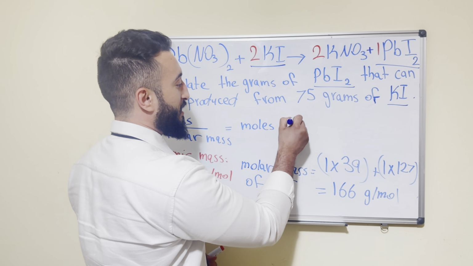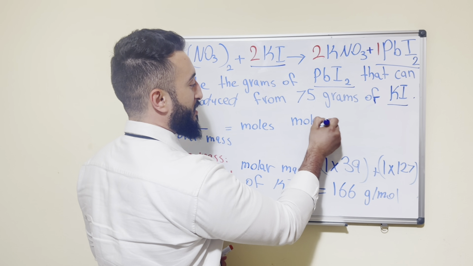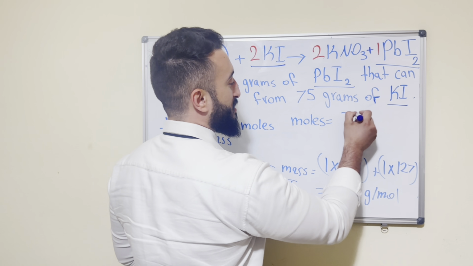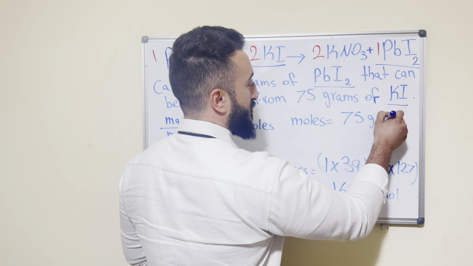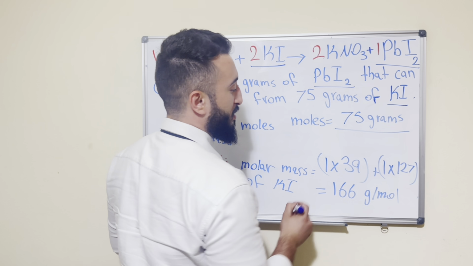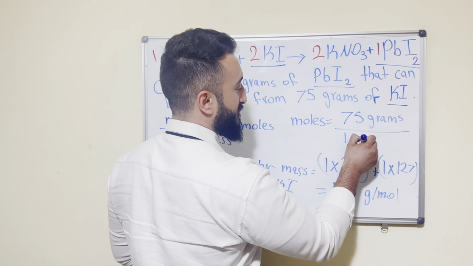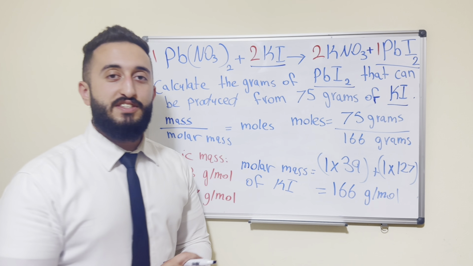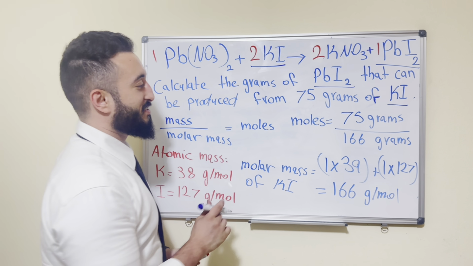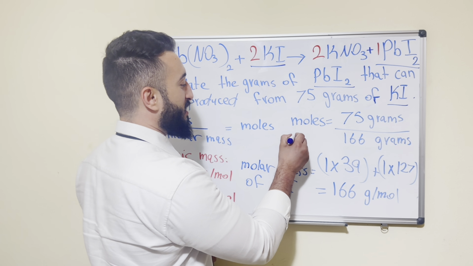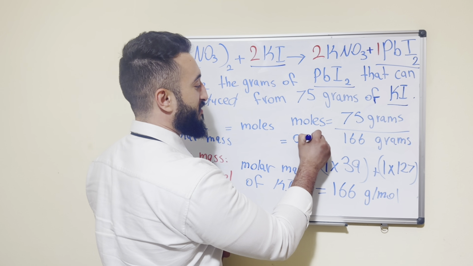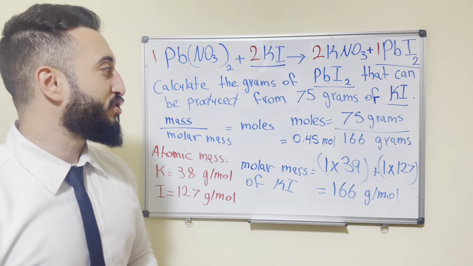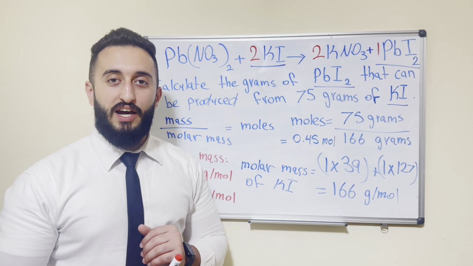Moles will equal, as we said, the mass, which is 75 grams, over the molar mass, which is 166 grams. So 75 over 166 equals 0.45 moles. This is the number of moles of potassium iodide, KI.